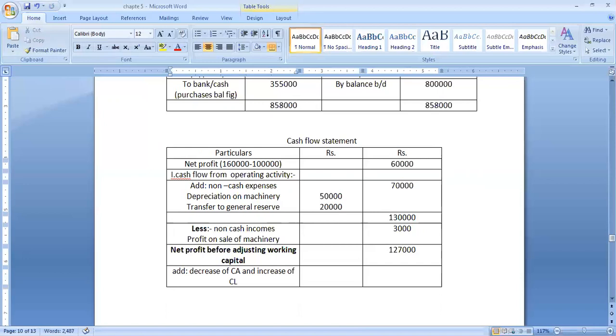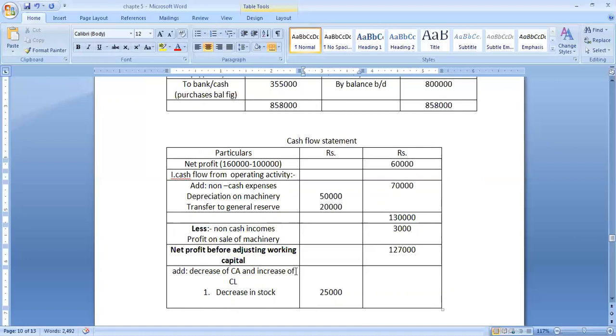Okay. Now, what is the decrease value? The first one is the decrease in stock. So what is the decrease in stock you got? It is 25,000. Okay.